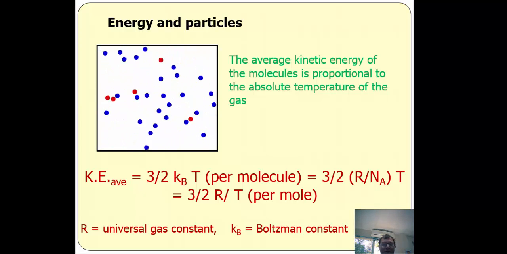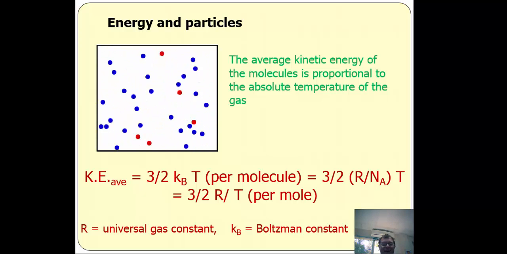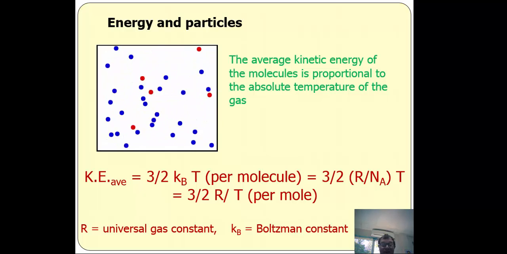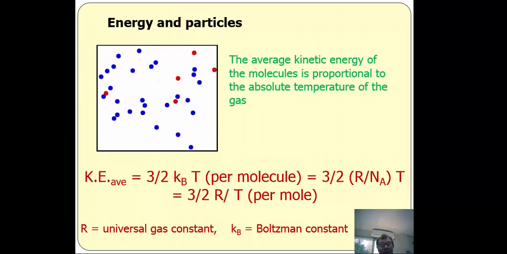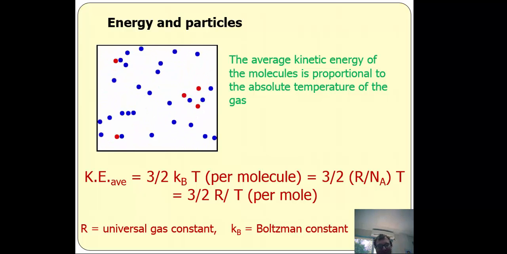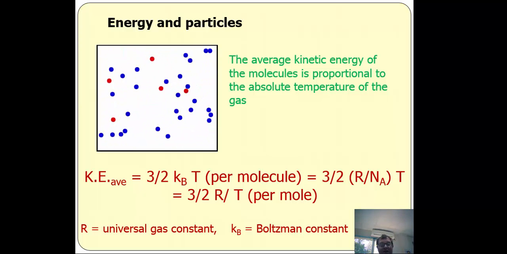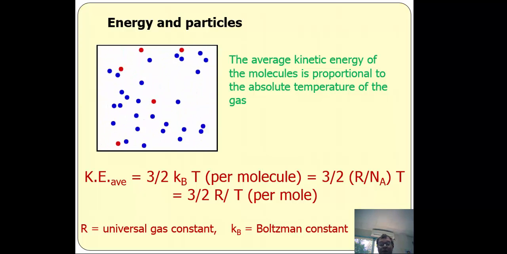So we end up with 3/2 times the universal gas constant times T as the kinetic energy per mole of gas. So that's an important link there, and these are some values which will appear on your data sheet.